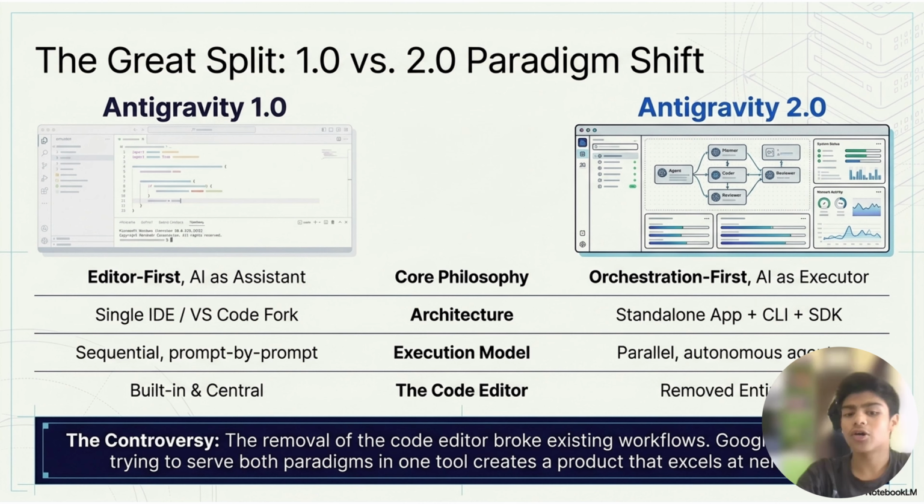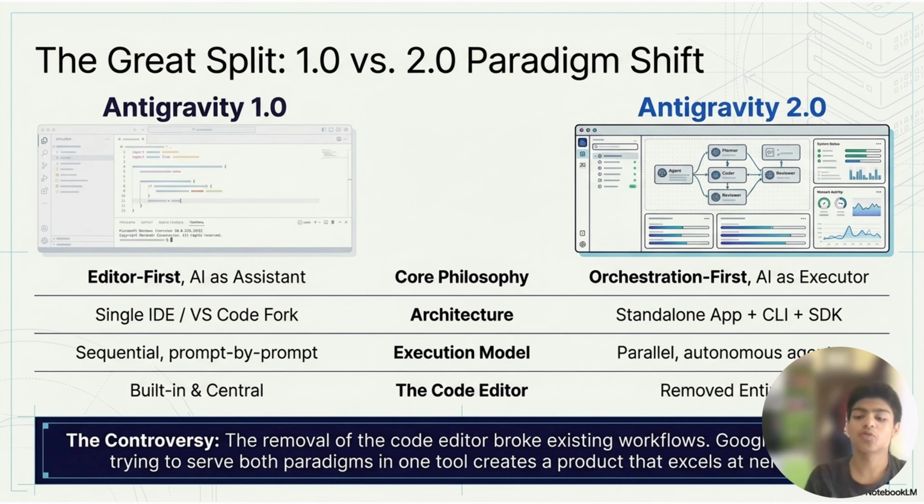On architecture, it was a single IDE, a VS Code fork, while the architecture for Antigravity 2.0, the second version, is a standalone app plus CLI plus SDK. For the execution model, it was sequential, prompt by prompt, which was very slow and both token and time consuming.